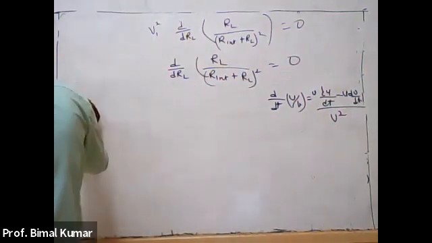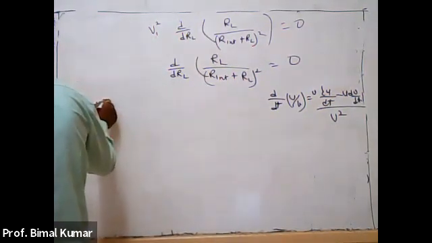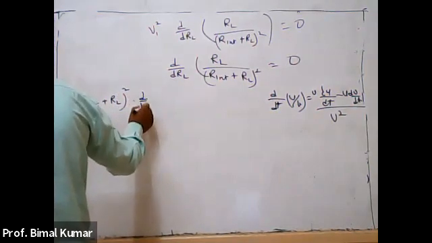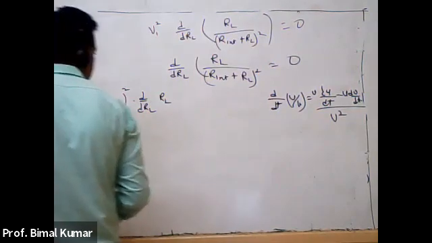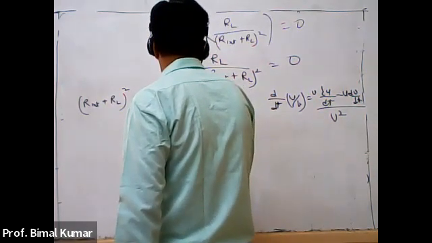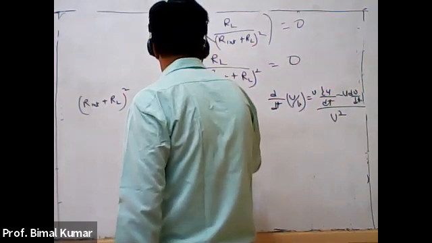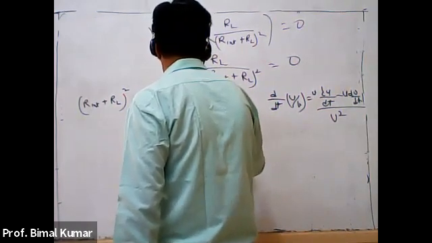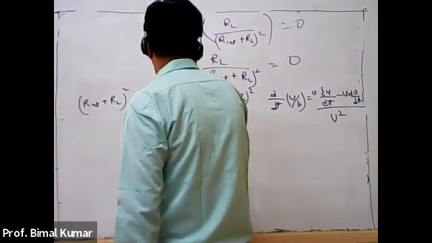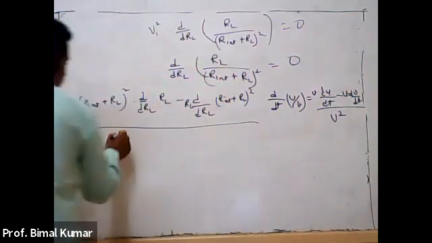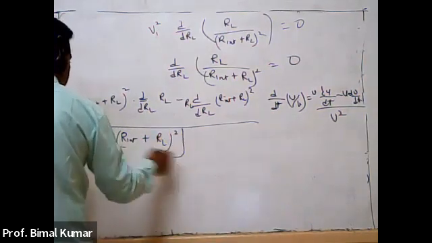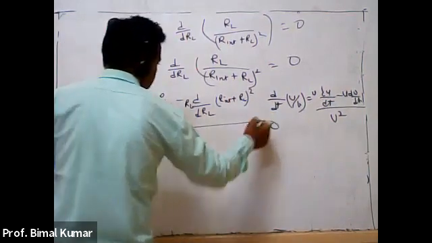So this will become R internal plus RL, its whole square into d by dRL of RL minus d upon dRL of R internal plus RL, its whole square into RL, divided by R internal plus RL, its whole square, and then its square, that will be equal to 0.